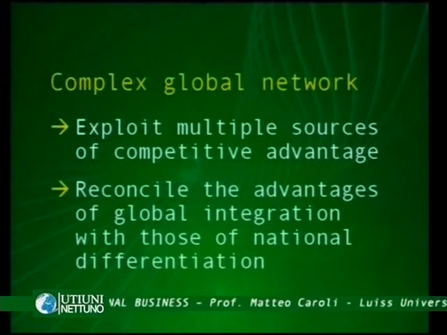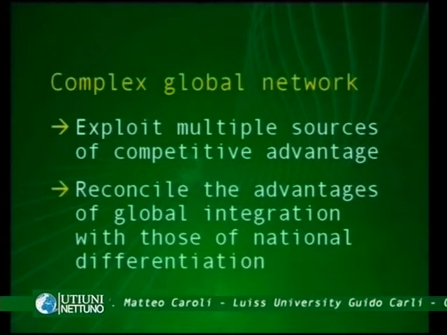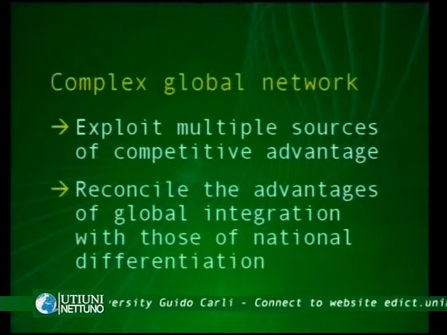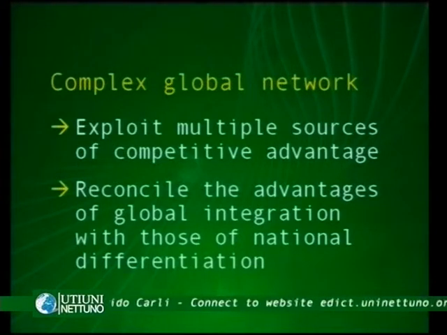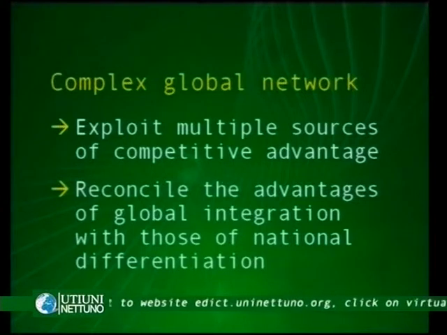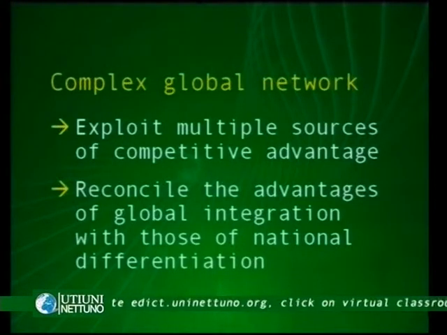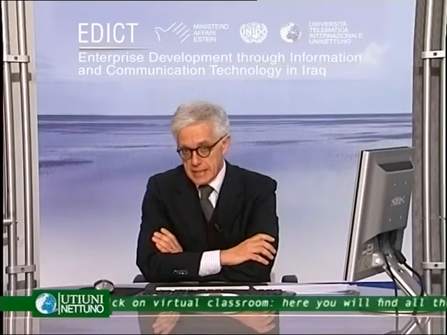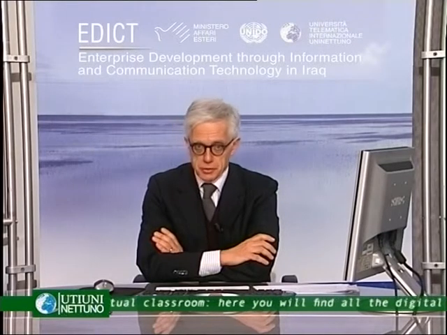It becomes very relevant, crucial, I would say, for international companies to be able to exploit multiple sources of competitive advantage. Reconciliate the advantages of global integration with those of national differentiation. And so to have globally coordinated and integrated operations.